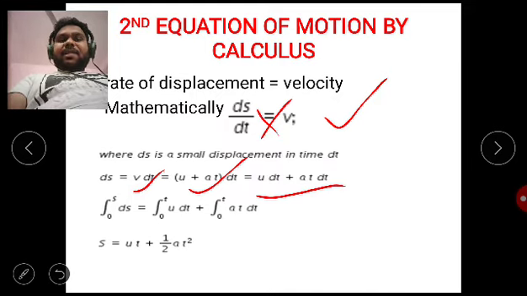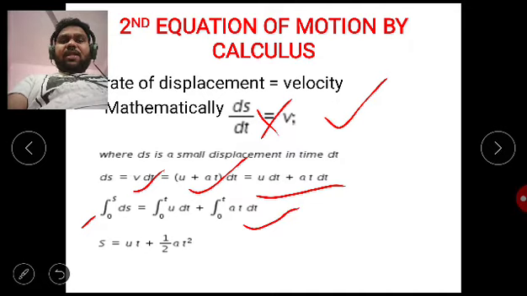Again you will integrate on both sides with limits. As we know, position will change from 0 to s and time will change from 0 to t. For ds on the left hand side we will use limits 0 to s. At t is equal to 0 distance travelled is 0 and at t is equal to t distance travelled is s.